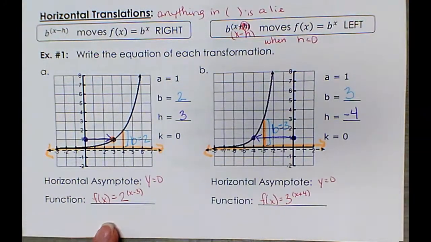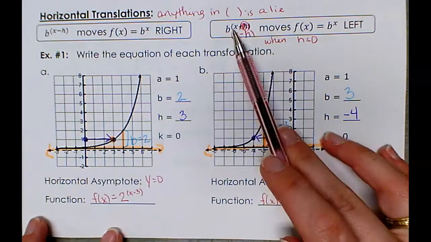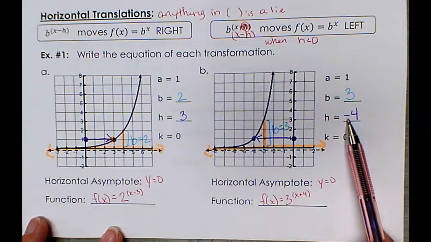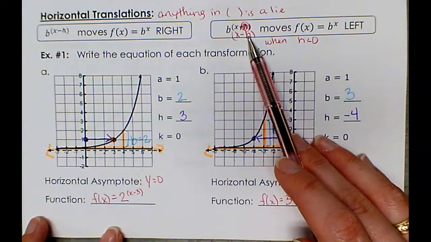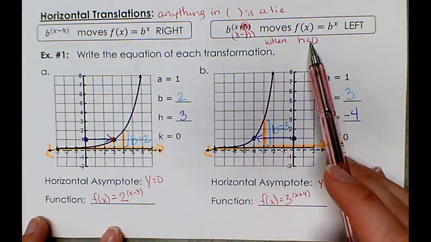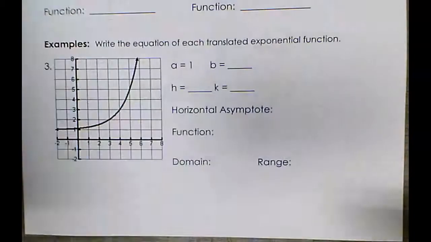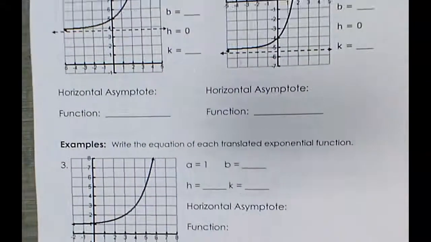So when it's negative, it moves to the left. So just keep that in mind. If you were wondering why I put x plus 4 instead of x plus negative 4, that's because this should have been x minus h right here. And then the h value is just negative. So minus a negative makes the plus sign. So let's go to the next part of the notes.